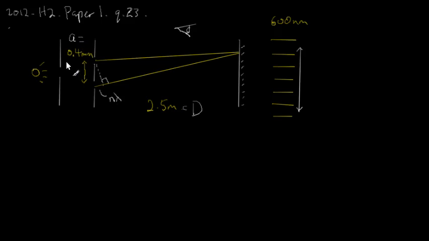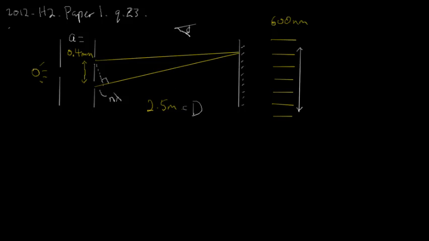So based on this relation, the idea is that there is a formula relating these quantities. Okay, and that formula is based on the fact that this triangle here, and this bigger triangle there.